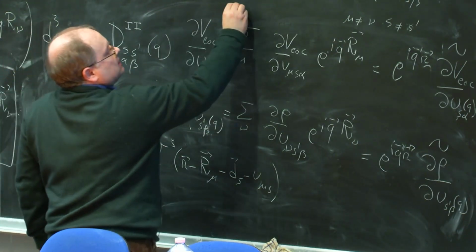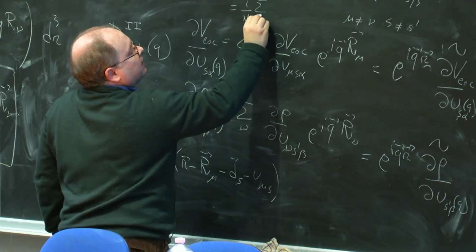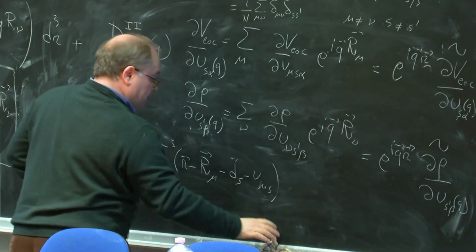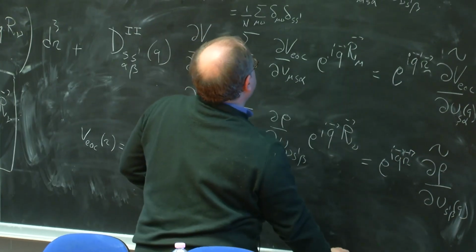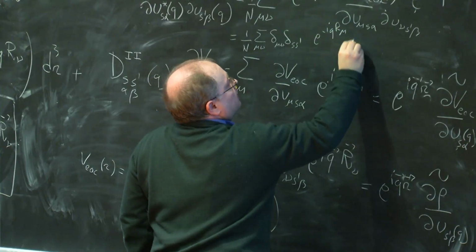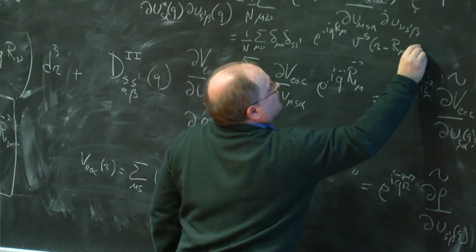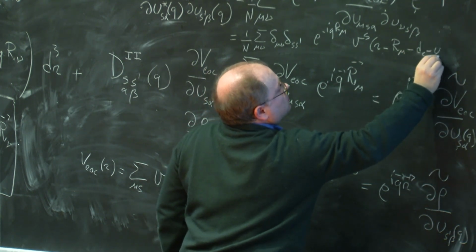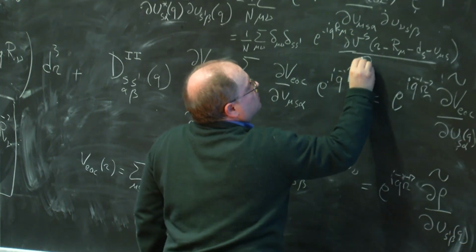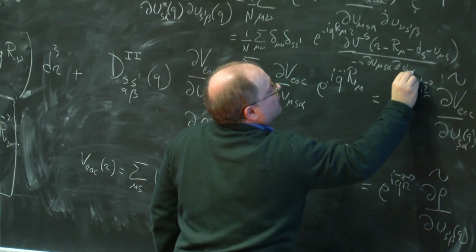So basically, this is 1 over n, sum over mu and nu of delta mu nu, delta s s prime, of e to the minus i q r mu, vs of r minus r mu minus vs minus u mu s, second derivative with respect to u mu s alpha, u mu s beta.